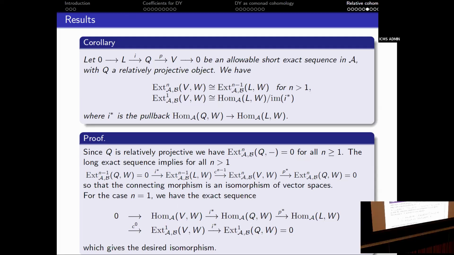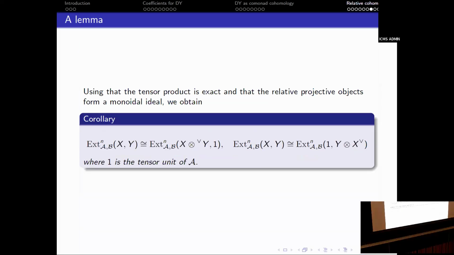So now you can prove more things. For example, in our setting, the tensor product is exact. These are rigid categories. You can show that relatively projective objects form a monoidal ideal. This also uses heavily rigidity.